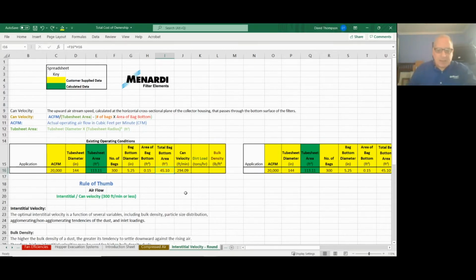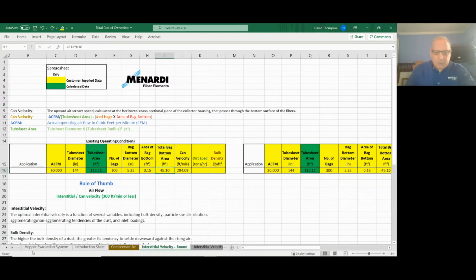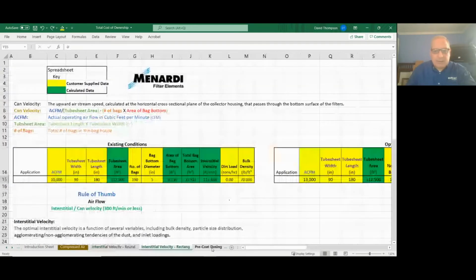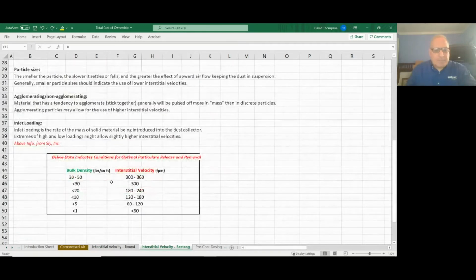So, as I said, we calculate interstitial velocity based upon round baghouses and square or rectangular baghouses. So there are two different calculations here: round, and then this is rectangular. We try to make that as efficient as possible.